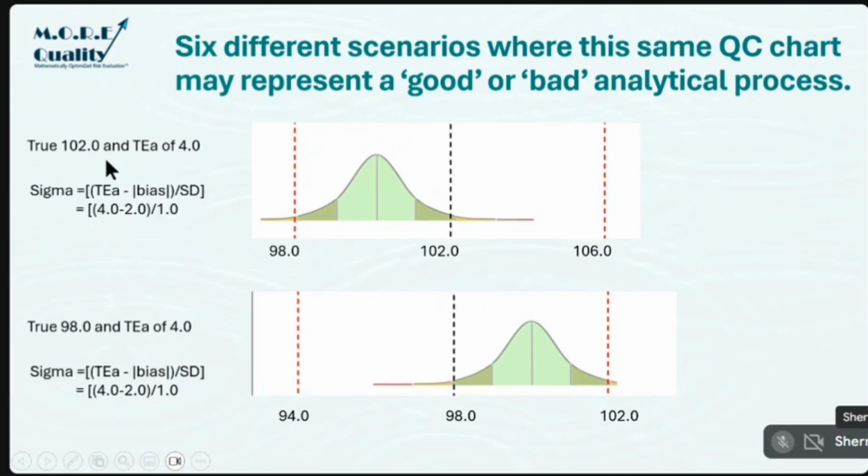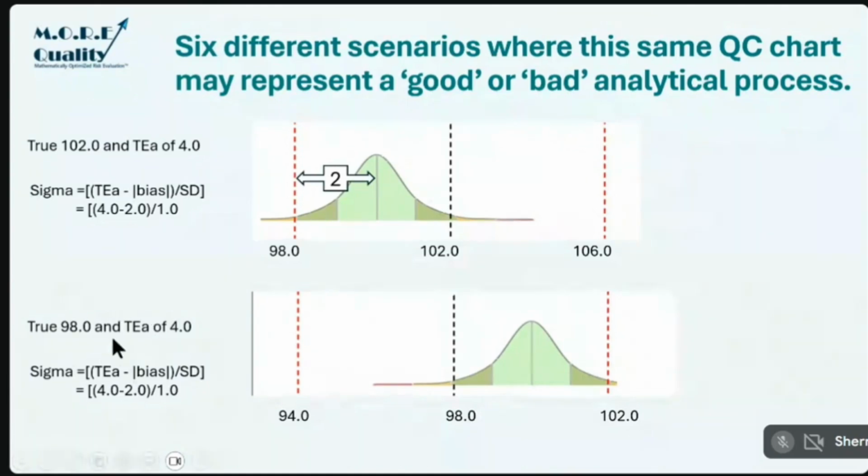If you have a true value of 102, so we still have the same QC results. In all of these cases, the mean is 100 and the SD is 1. But if the true value is 102 and the TEA is still 4, then your sigma is only 2.